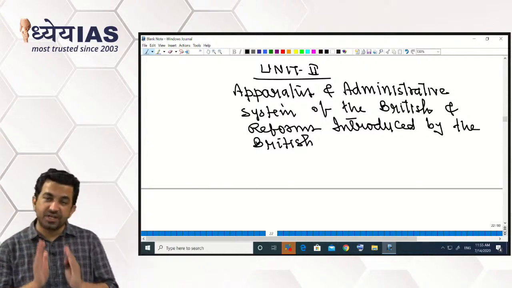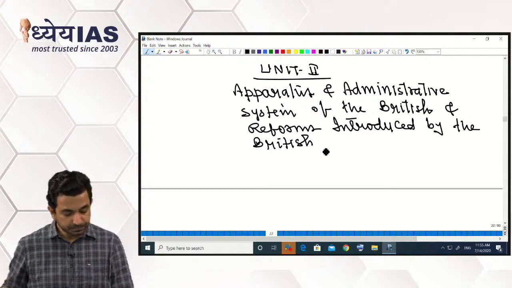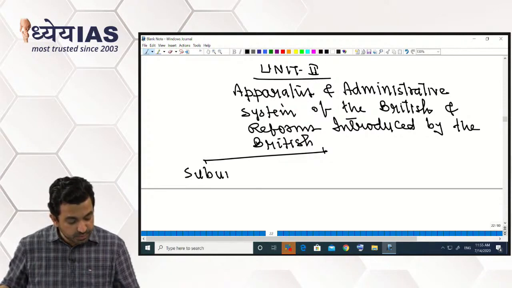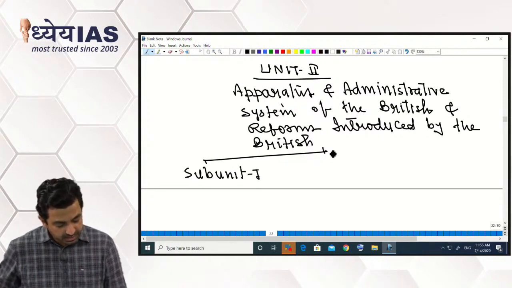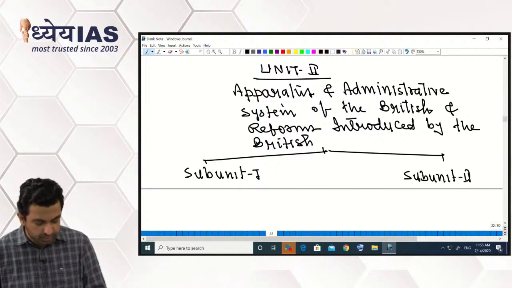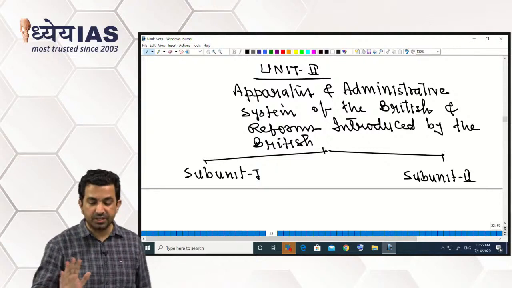So now let's divide this Unit 2 into two subunits. Subunit 1 and subunit 2.